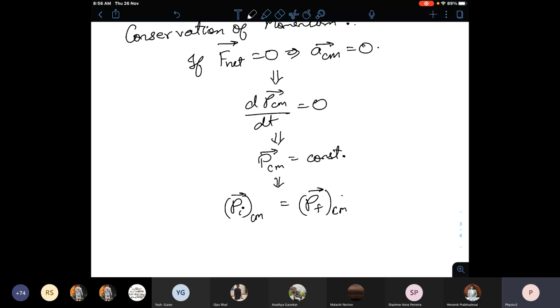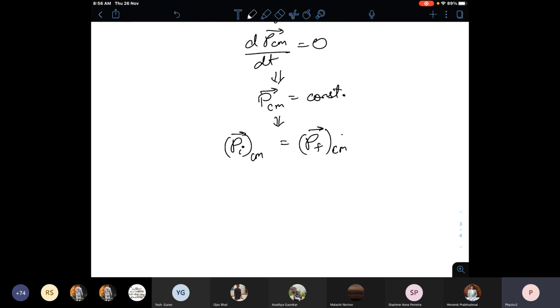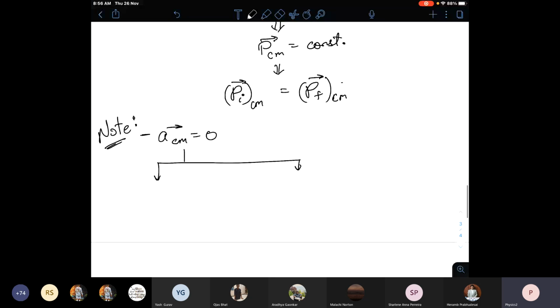Same thing, not much of a difference, but one thing you have to remember, and you can write it as a note: the acceleration of center of mass is 0. What does this represent? It means it has two possibilities.